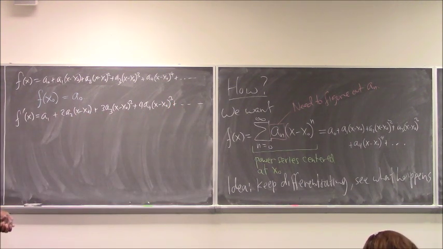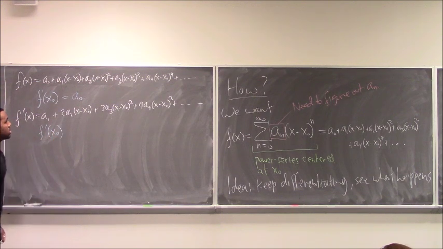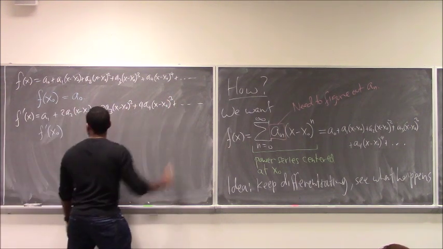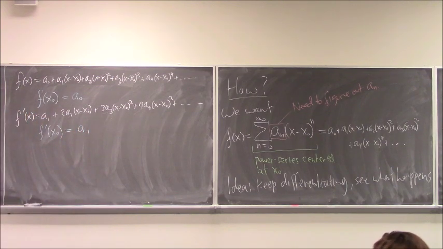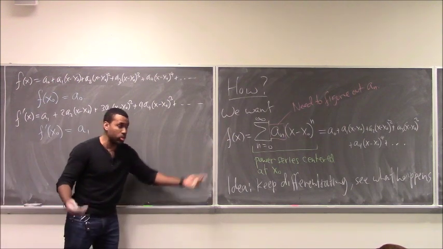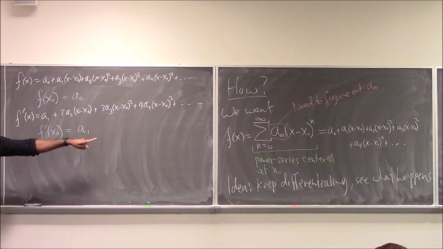And you play the same game. We'll take f prime evaluated at x naught. It'll kill all of these guys. And look at that, now I figured out what the second number is. All I'm going to do is differentiate this function, which by assumption we can do as many times as we like, and plug in the point I care about. That's actually going to give me the coefficient of the linear term.